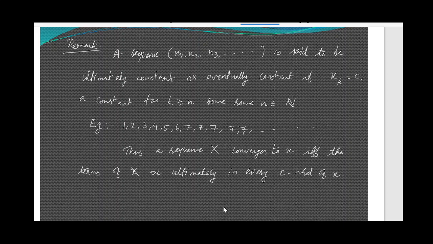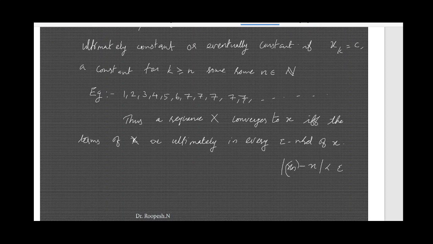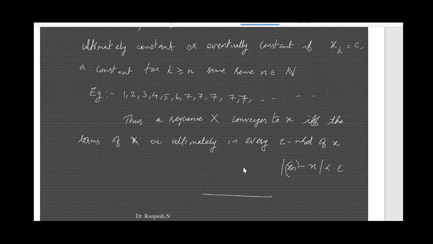Is it clear? A sequence converges to x means you are writing modulus of xn minus x less than epsilon. That means your xn is lying in the epsilon neighborhood, right? So whenever a sequence converges, you take an x, take an epsilon neighborhood, and when you take this epsilon neighborhood, all the terms of the sequence lie in it.